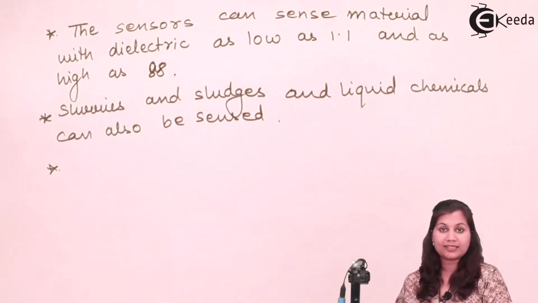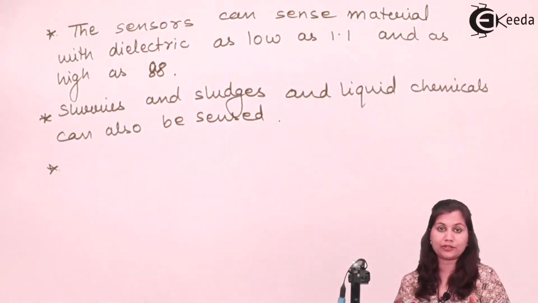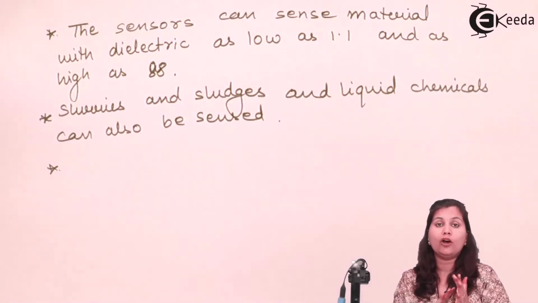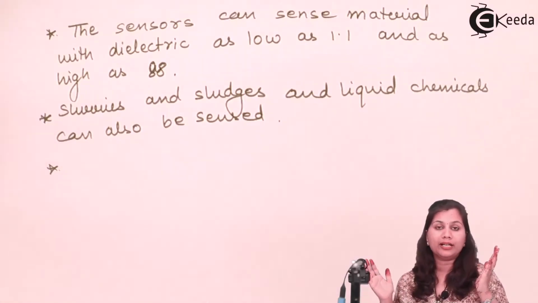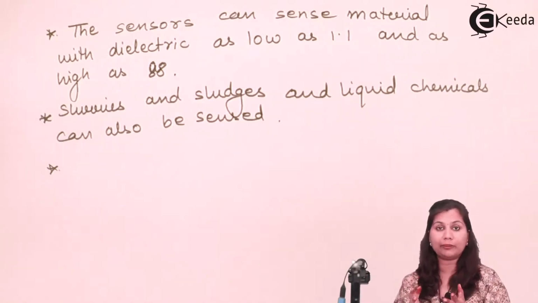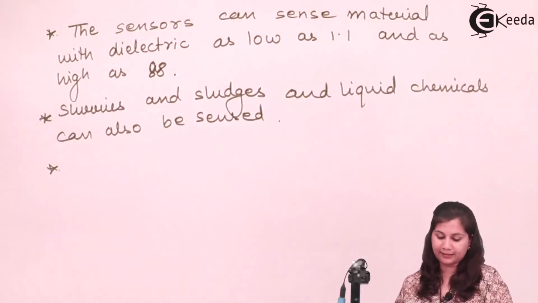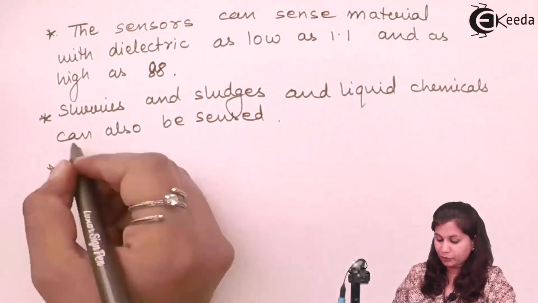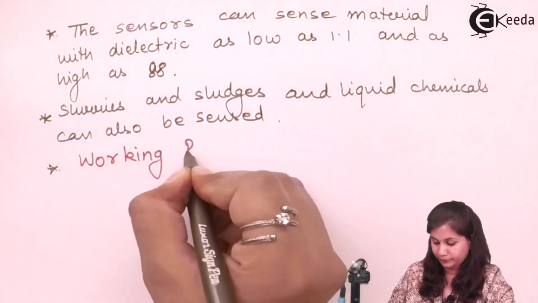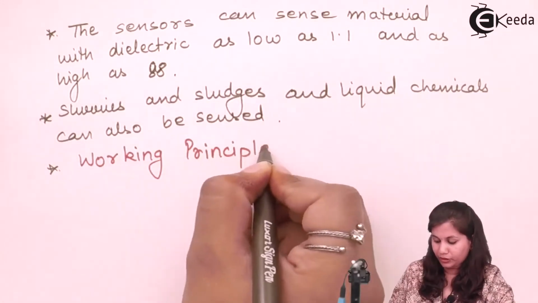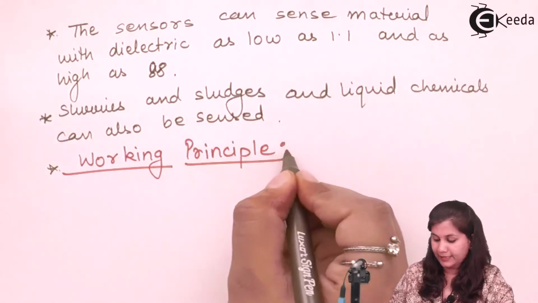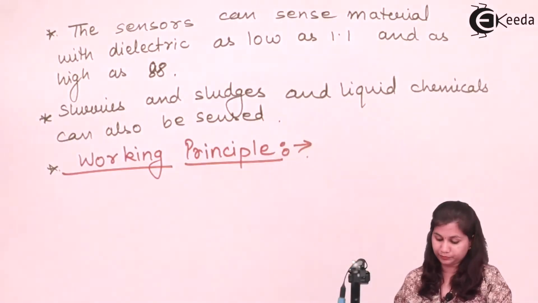So we can say that these capacitance level sensors have a wide variety of applications for the measurement of liquid level for liquids having different dielectric constants, and for liquids having similar dielectric constants, their level can also be measured with the help of capacitance level sensors.